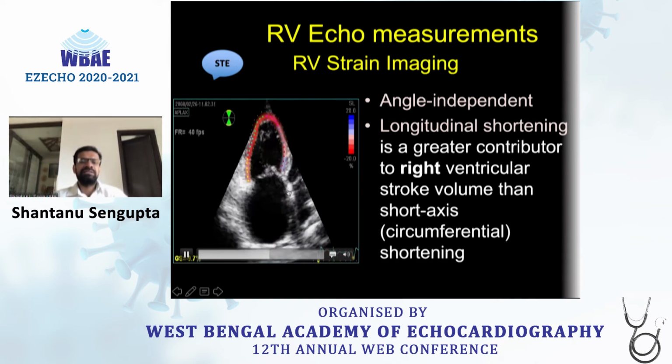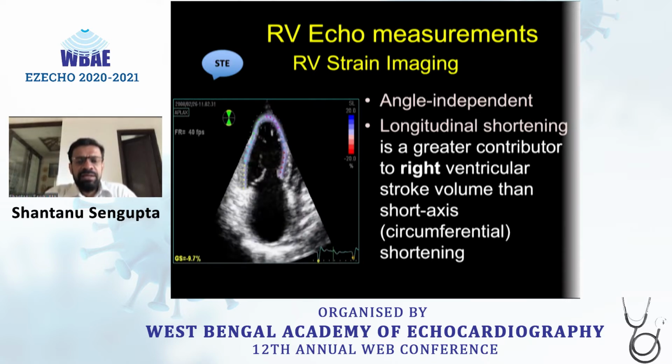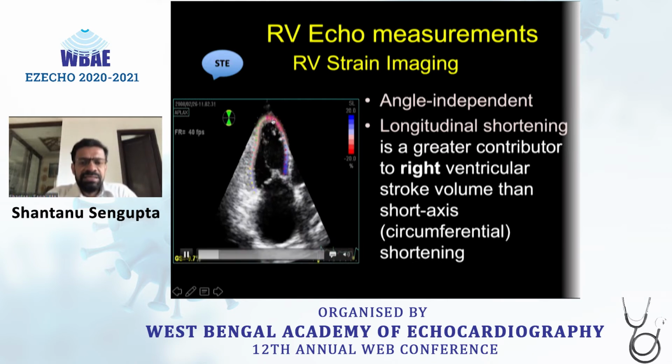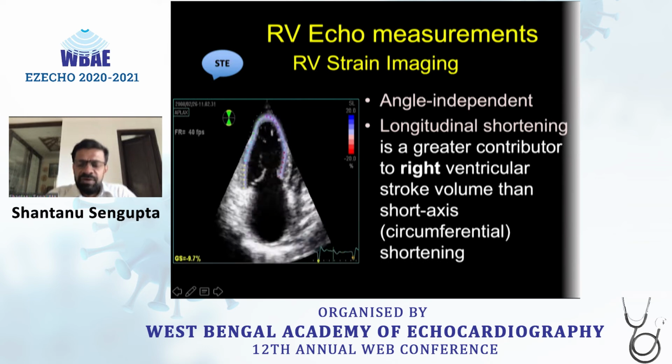We do now have dedicated software available. The new machines have RV strain, which can be done online and offline, looking at the strain analysis only. But if you don't have the new machine, you can still use the LV strain pattern on the right side and just take the values of these three and average them.